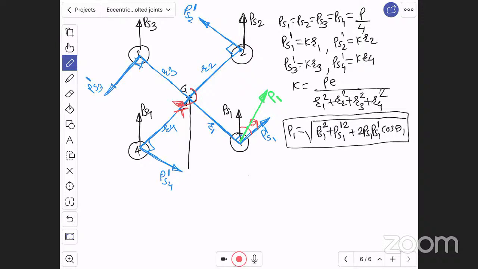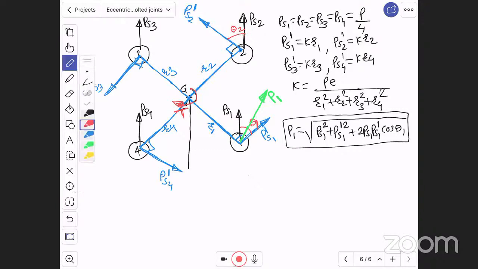Again, on bolt 2, there will be primary and secondary shear load, and let us say the angle between them is theta 2. On bolt 2, primary shear load PS2 and secondary shear load PS2 dash, the angle between them is theta 2, right?